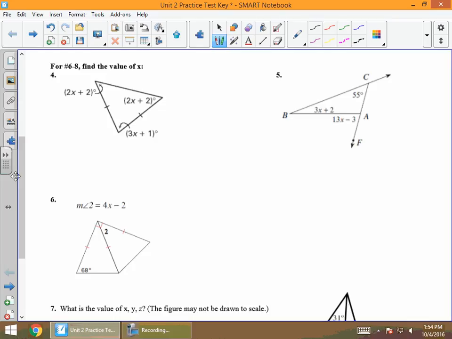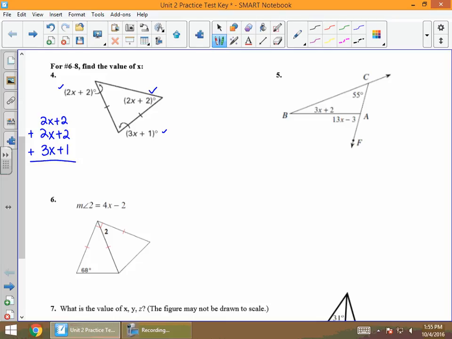So I will go 2x plus 2, that's this angle right here, plus 2x plus 2, this angle over here, plus 3x plus 1, which is this angle down here.